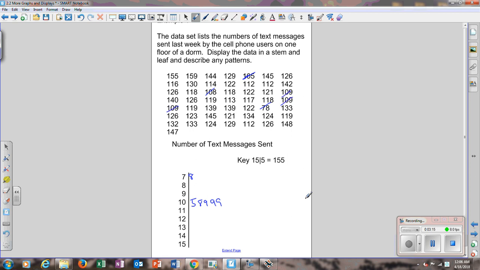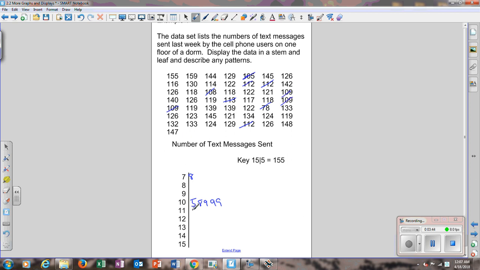Okay, next we move on to the 11s. So I can go through and I can look for a 111. So no 111 there or there. Lowest I have so far is 114. There's a 113. There's a bunch of 112s. So I have 1, 2, 3, 112s, and a 113.